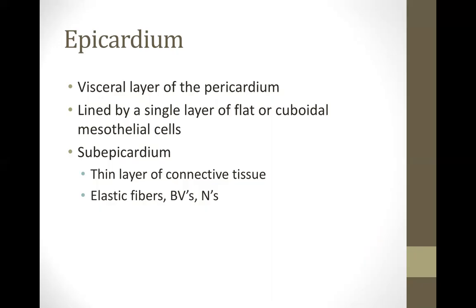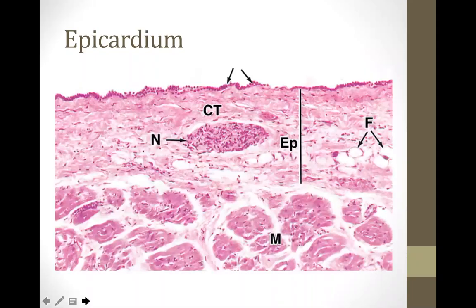It also contains elastic fibers, blood vessels, and nerves. Okay, this is just to show you the epicardium, which contains your fat cells, your connective tissue, and the nerves of your heart.